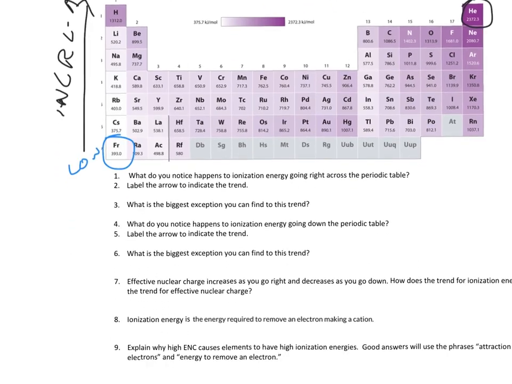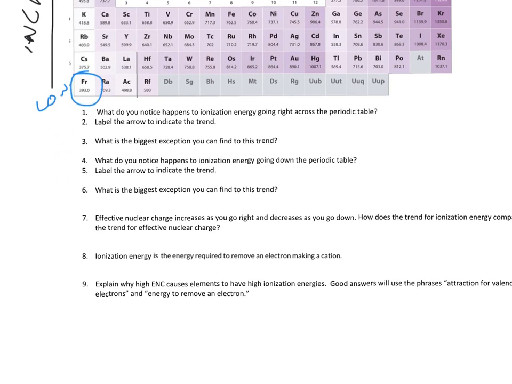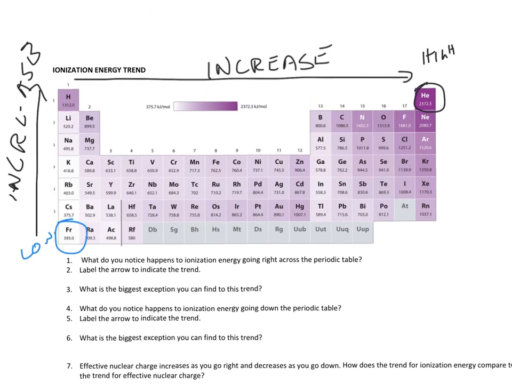Okay, let's look at the actual definition of what this is talking about. Ionization energy is the energy required to remove an electron. I like to think of it in terms of if I was buying an electron from one of these atoms, how much would I have to pay for it? So we can see that elements in this corner ask for a lot of energy to buy one of their electrons versus elements down here.